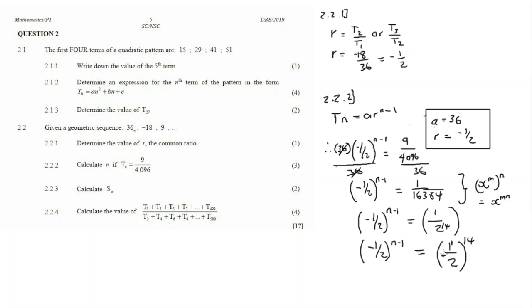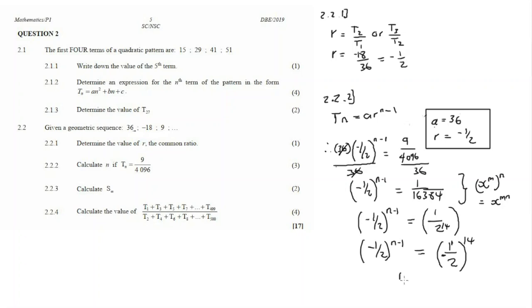So when I put the negative here, it doesn't affect the value above. If I put the negative inside the bracket, negative half raised to exponent 14, it goes back to that value above. So I put the negative so that the left hand side base, which is negative 1 over 2, is the same as the right hand side, so that I can drop these exponents.